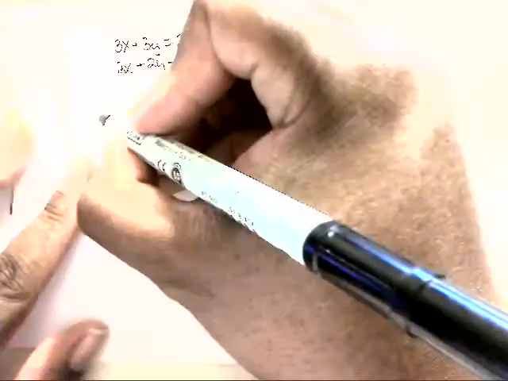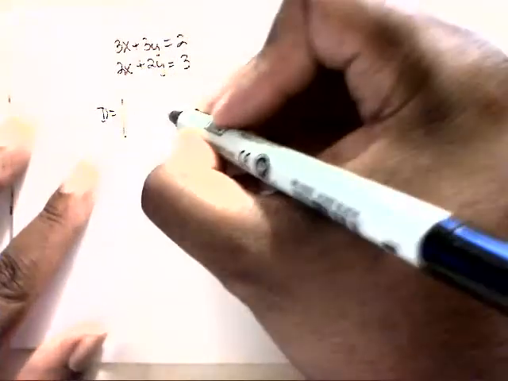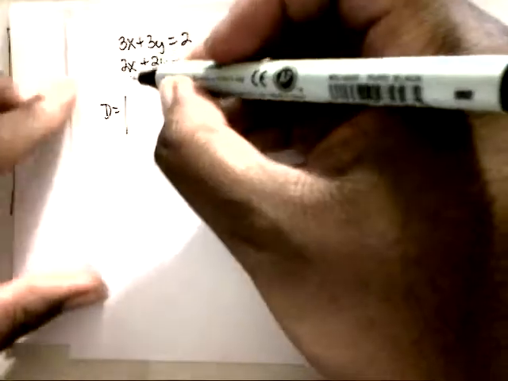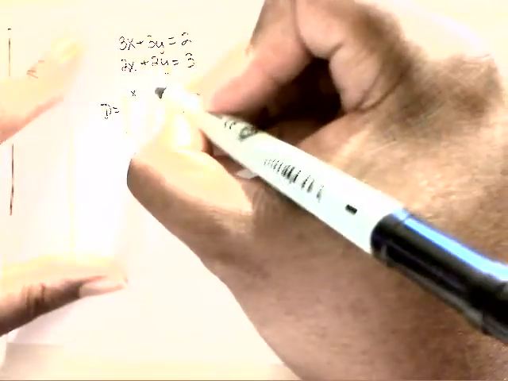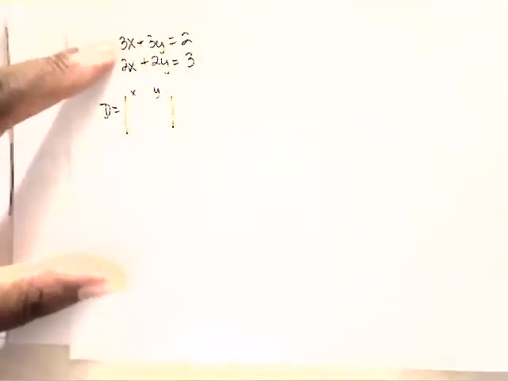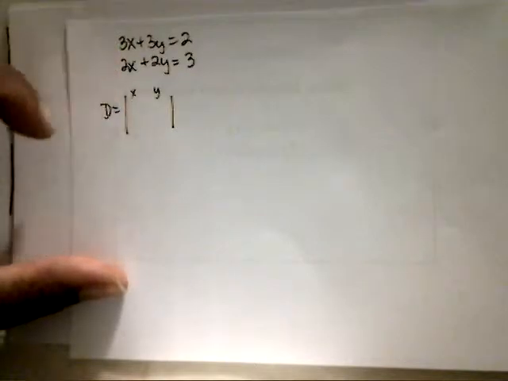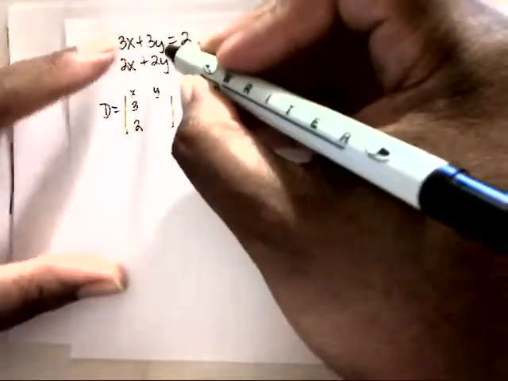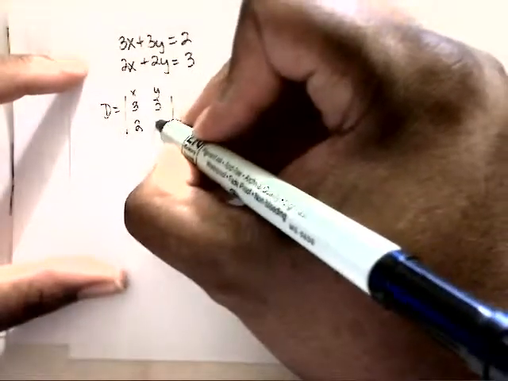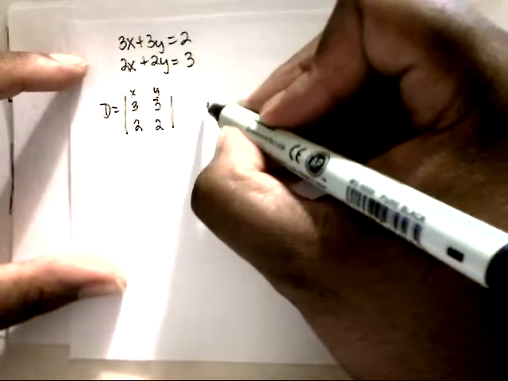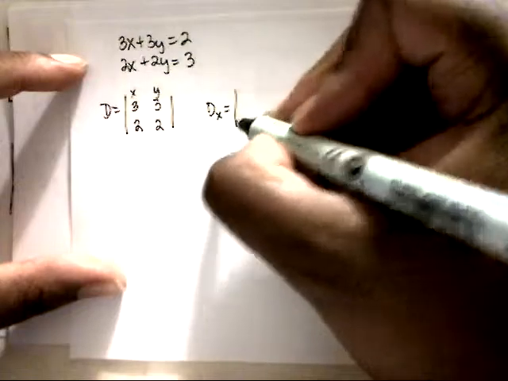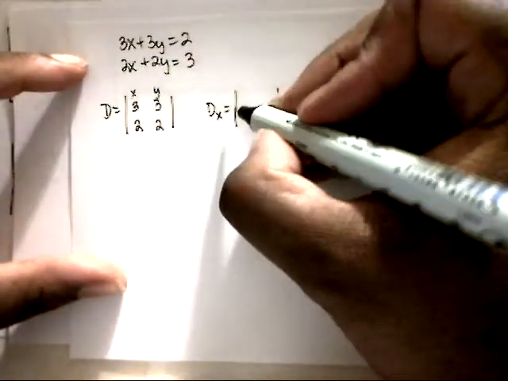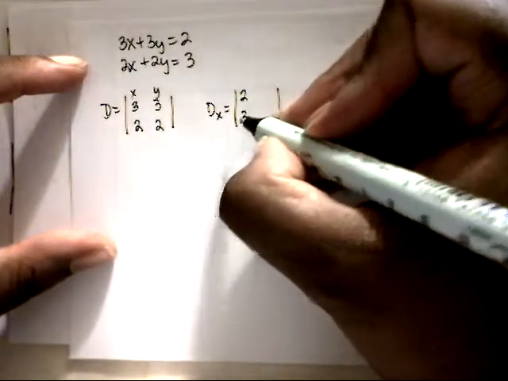So in this case, let's set up what d is, which is your x and your y columns. For your x's, that's 3 and 2. For your y column, that's also 3 and 2. Now d sub x, we replace the first column with the constants, which in this case are 2 and 3.